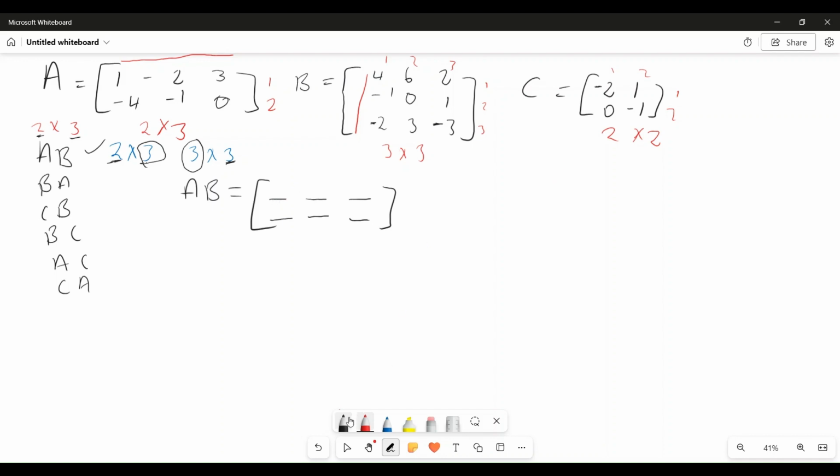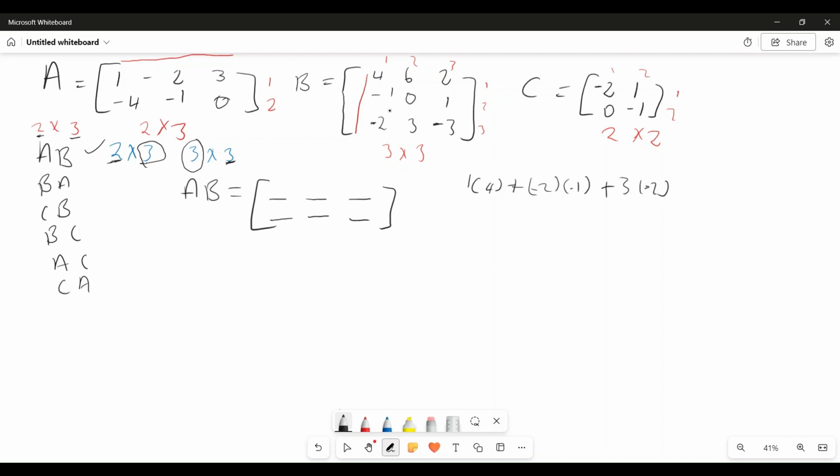I'll just quickly write what I'm talking about on the side. So I said 1 multiplied by 4, plus minus 2 multiplied by minus 1, then plus 3 multiplied by minus 2.